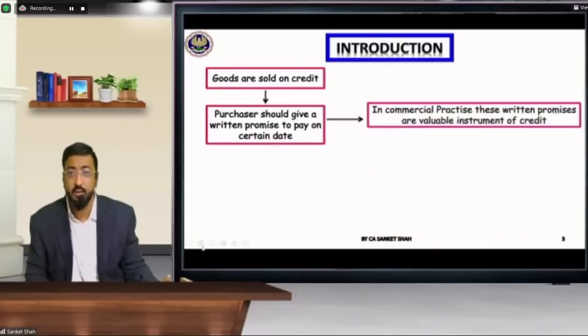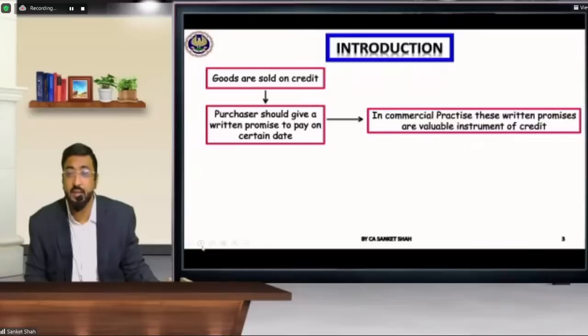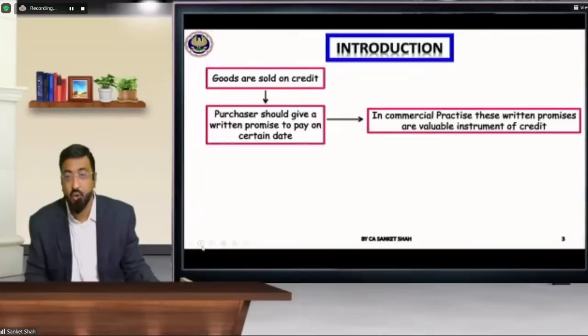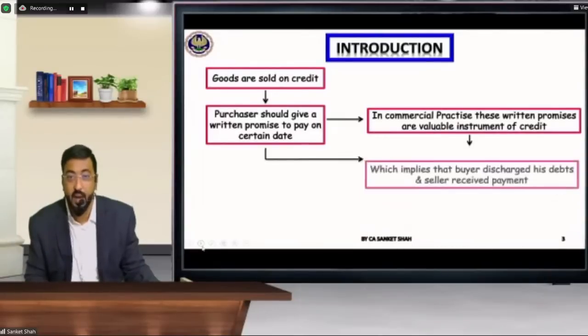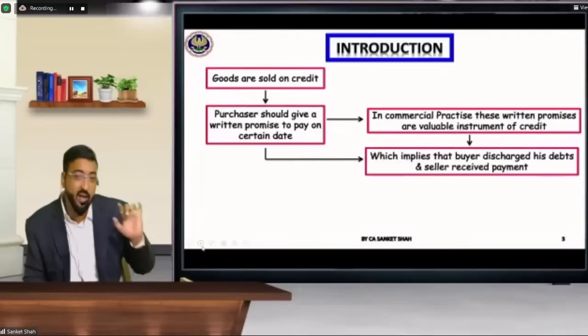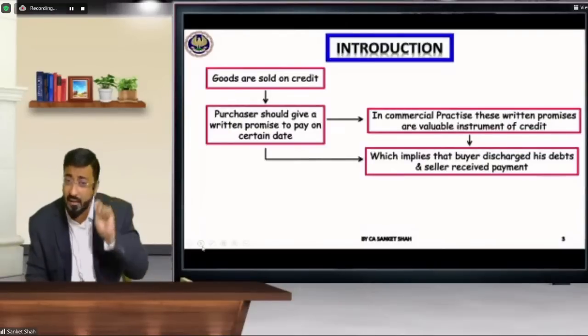Or in commercial practice, these written promises are a valuable instrument of credit, and it is called a bill of exchange. It implies that the buyer discharges his debt and the seller will get the payment. So the buyer will give this payment after 3 months in writing.